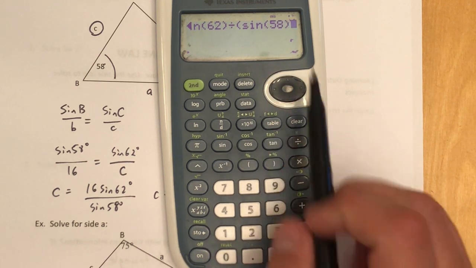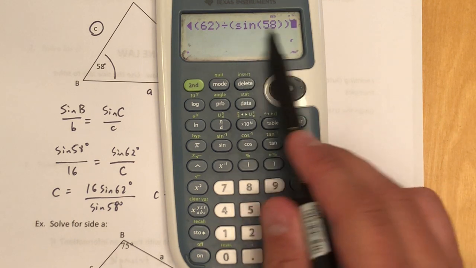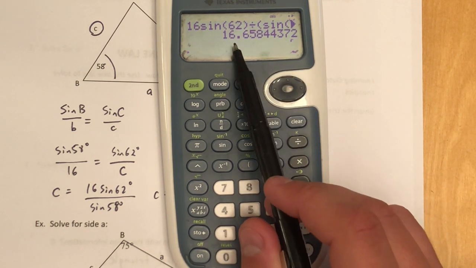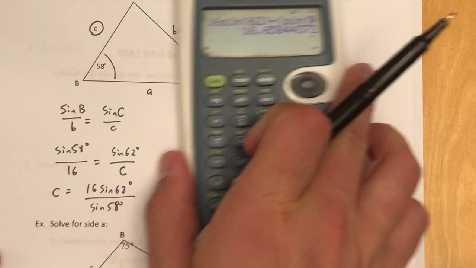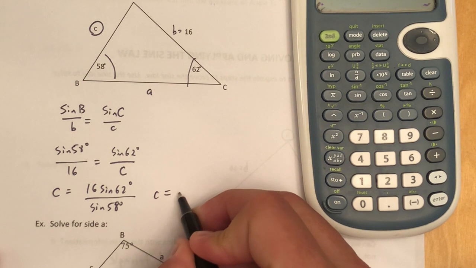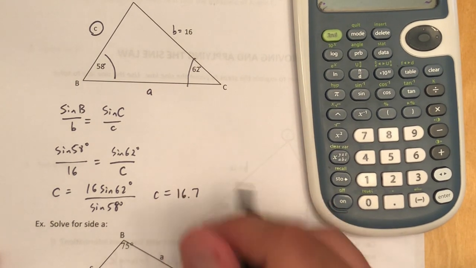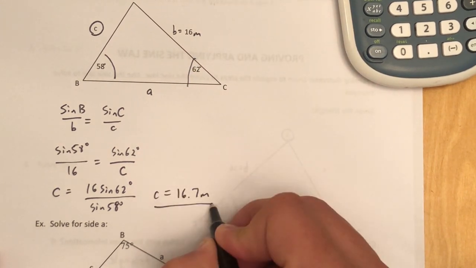So I'm closing the first set for the angle, and then the second for the whole bottom there. And then I get a value of 16.7. So side C over here is 16.7. We don't have any units, so let's just say that this was meters, and we'll have meters for C as well.